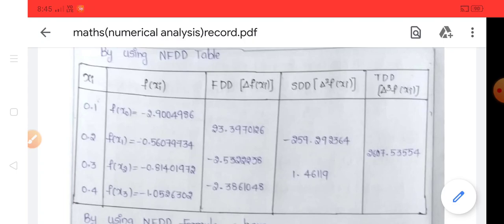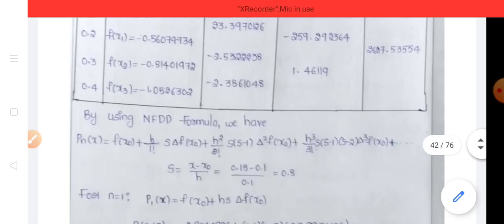Next, third divided difference: 1.46119 minus of minus 259.292364 divided by 0.1 is equal to 2607.53554.